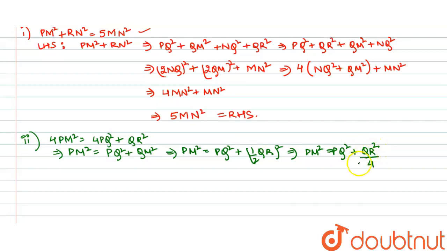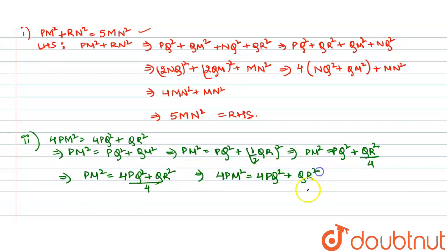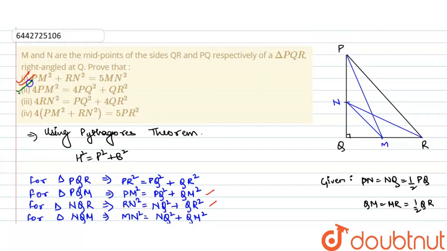Now I will take the denominator common, so PM square will be equal to 4PQ square plus QR square by 4. I will take this 4 on the left hand side, cross multiply, so this comes out to be 4PM square is equal to 4PQ square plus QR square. So this is also proved. So our second equation is also done.